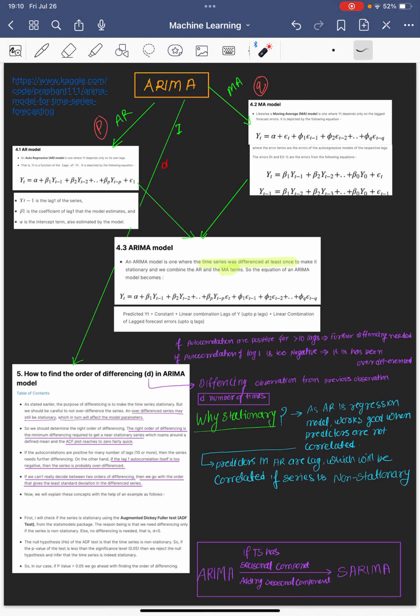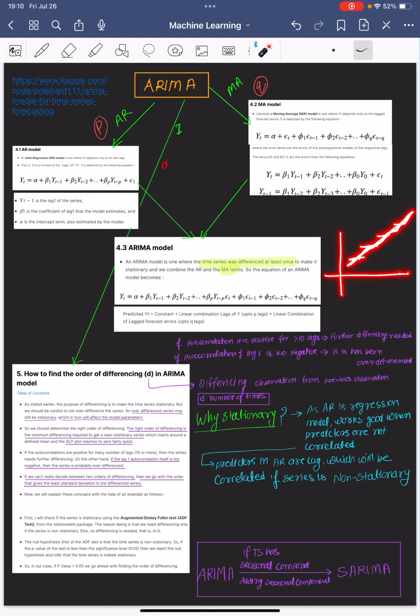So how can we satisfy this assumption? By making the series stationary. When we make it stationary, the assumptions will be satisfied. And I will show you an example of how. Let's say this is our series, and you can see there is a trend, and when there is a trend, the series is non-stationary. Here, let's say this is y previous, y next. All these values are correlated.